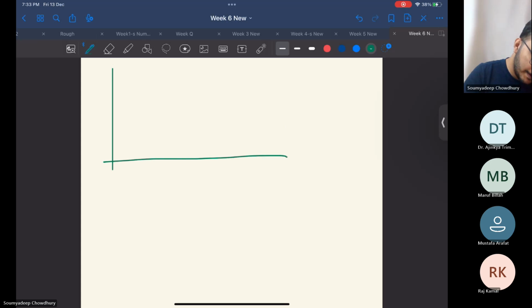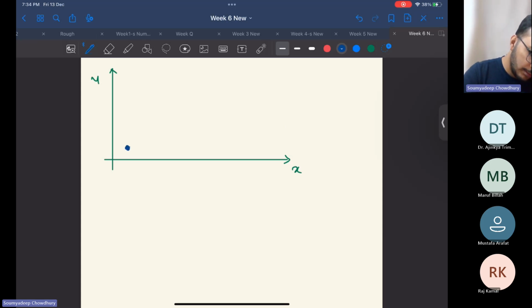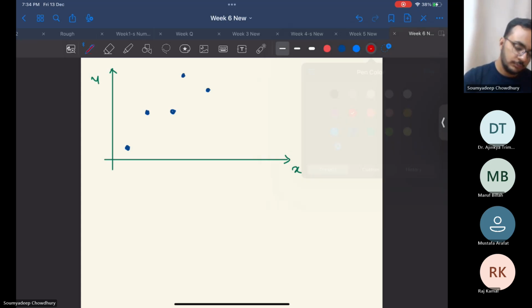Suppose you have one point here, one point here. Like this, you have some more points. So you have one more point here. Again I can draw a line like this.